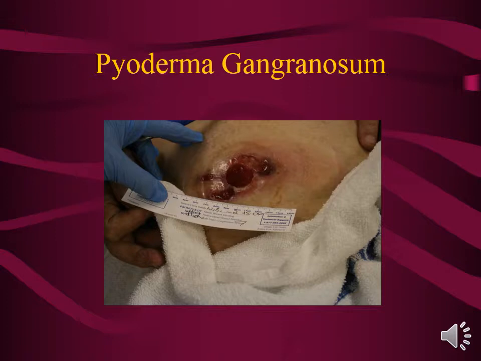It could be due to a cancer, it could be due to Crohn's disease, it could be due to a variety of different things. And in this patient's case, I believe that she had a really rare autoimmune disorder, and so once they identified that and treated the cause, then she did not have pyoderma gangrenosum outbreaks around her peristomal skin.